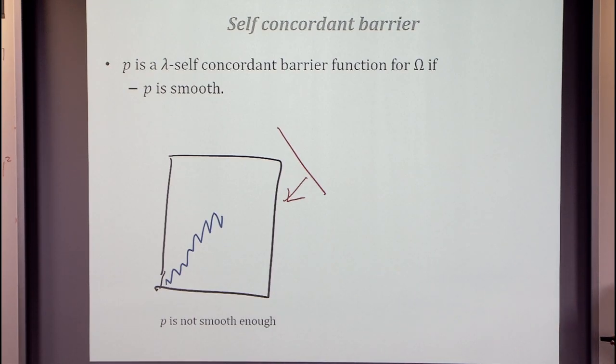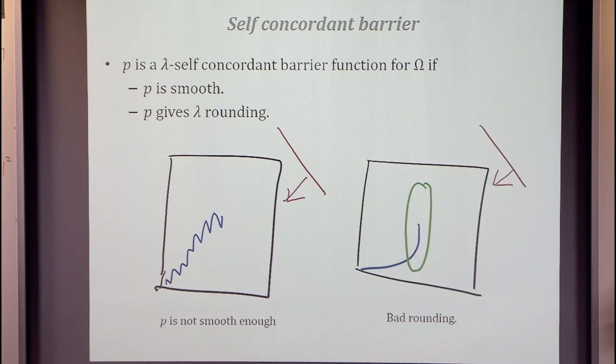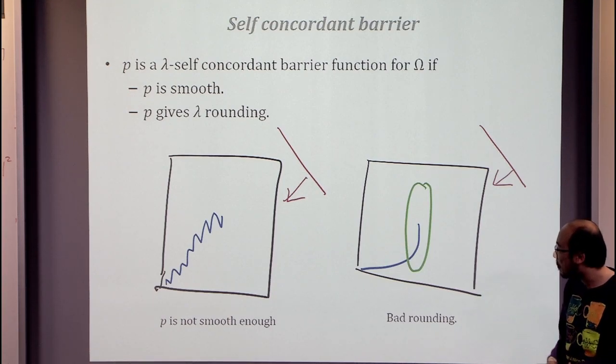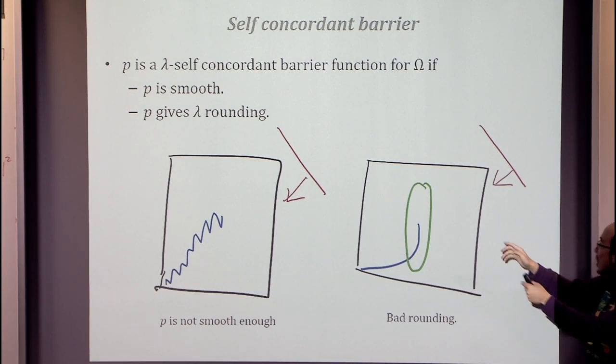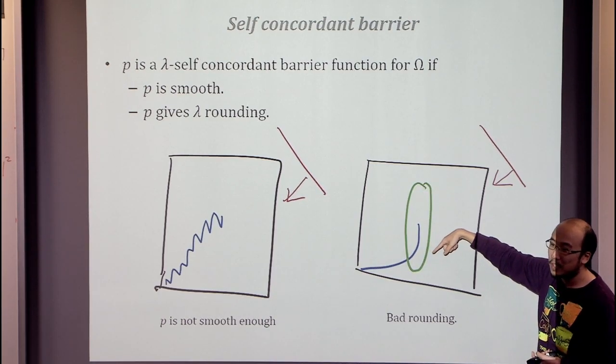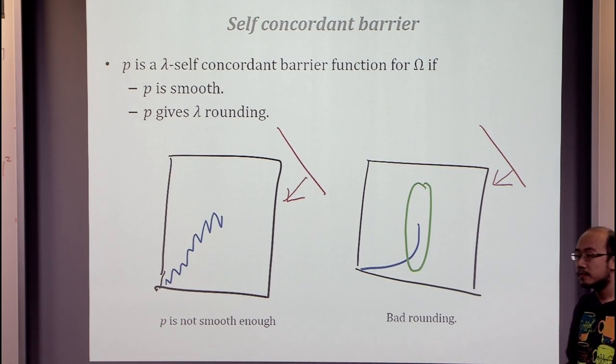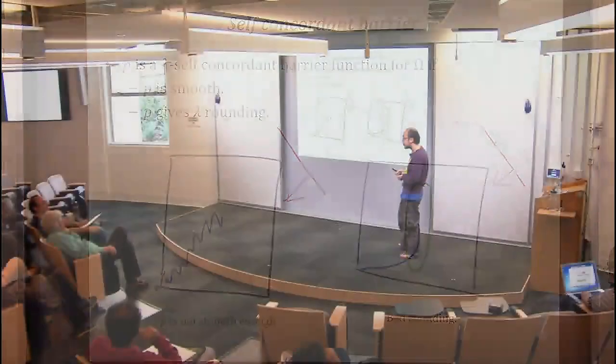That is bad. The other property I will emphasize in this talk is that p gives a lambda rounding. For example, this is a bad barrier function if the local ellipsoid looks like that. When you say you have an ellipsoid corresponding to p at x, you're just taking the Hessian? Yeah. Okay.